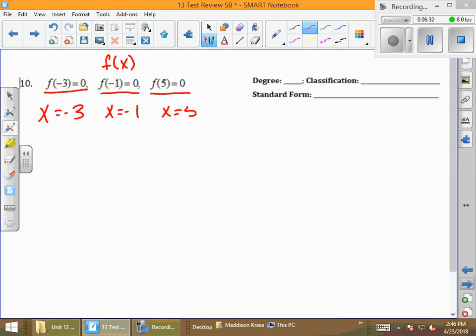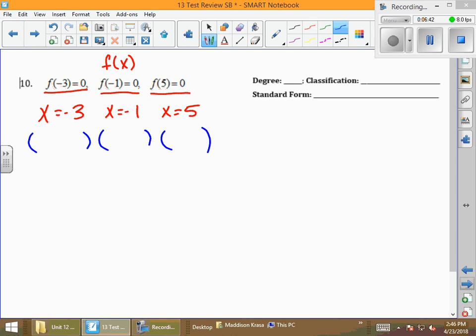Here x equals +5. Now, if we're going to build a polynomial, we need to write those as factors. So x equals -3, we'd flip that sign, x plus 3. x equals -1 is x plus 1. And then x equals 5 is x minus 5.